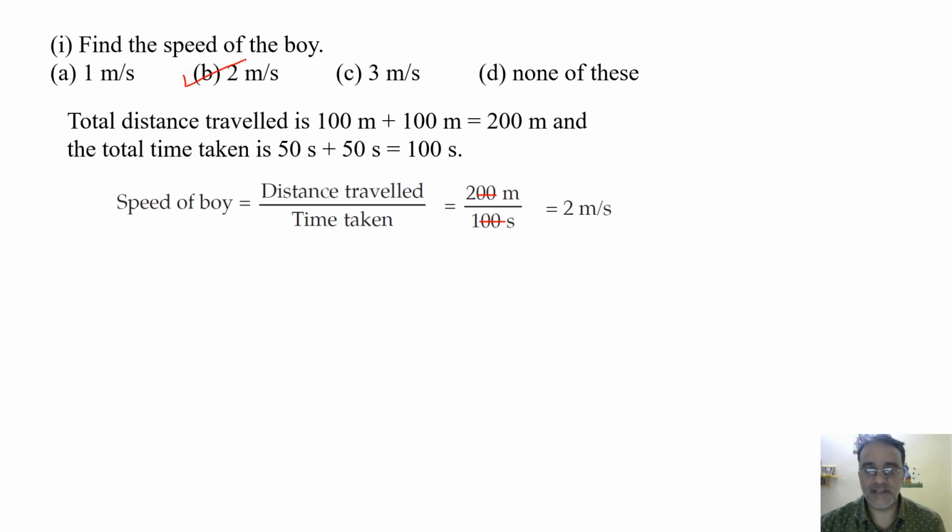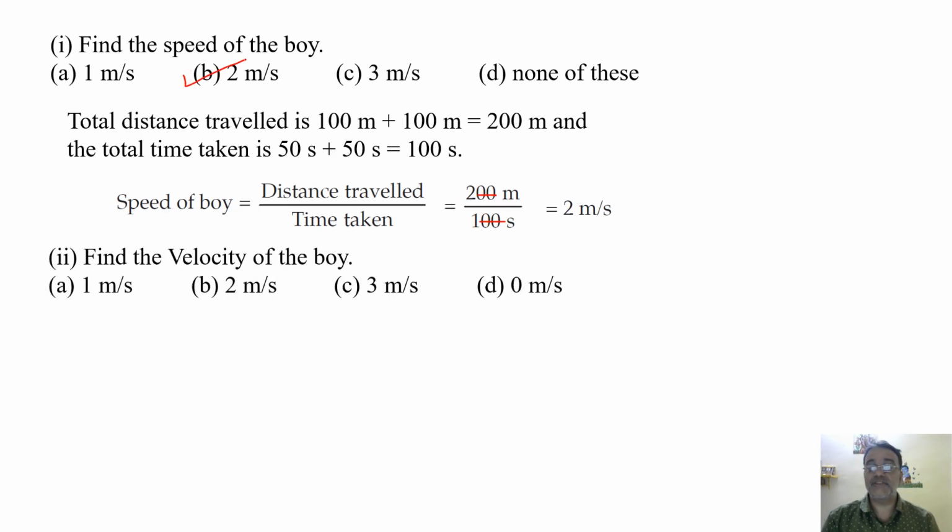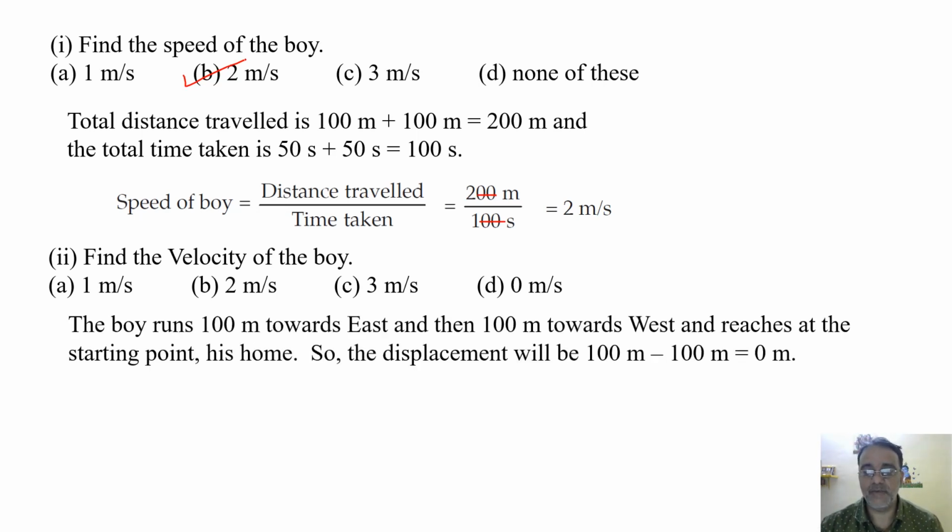Okay, so now we'll start with the second question. Find the velocity of the boy. Now see, the boy runs 100 meters towards the east, that is towards the shop, then 100 meters towards the west, the opposite direction. So the displacement will be 100 minus 100, which is 0, because the directions of both are opposite. So one is plus 100, the other is minus 100, and the total time taken will be the same, that is 50 seconds plus 50 seconds, that is 100 seconds.